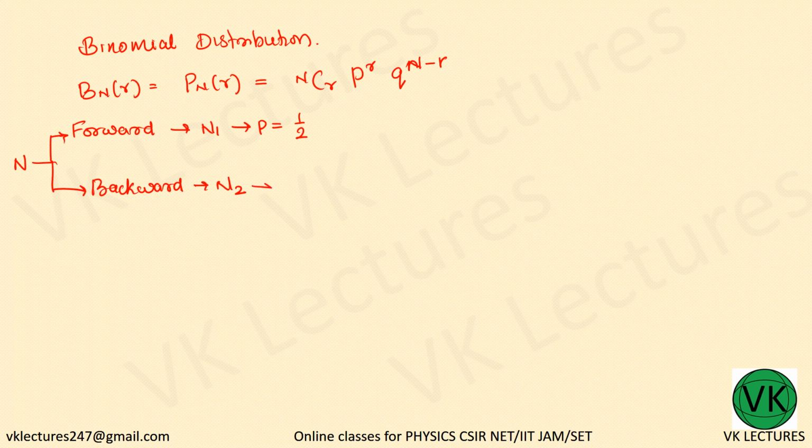Similarly, the probability of taking a backward step is also half. There is no other choice. Other choices are not there. So this must be q. So q equal to half and p equal to half. So favorable is half. Only then we can go to the other end. If we want to travel from A to B, we need forward steps.